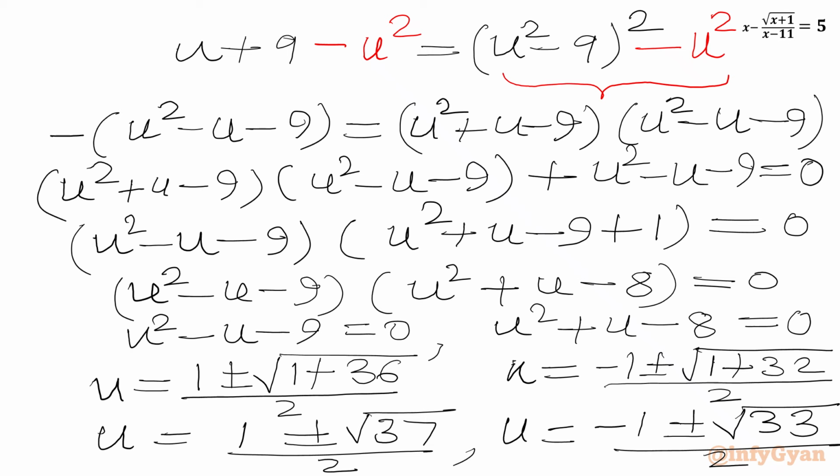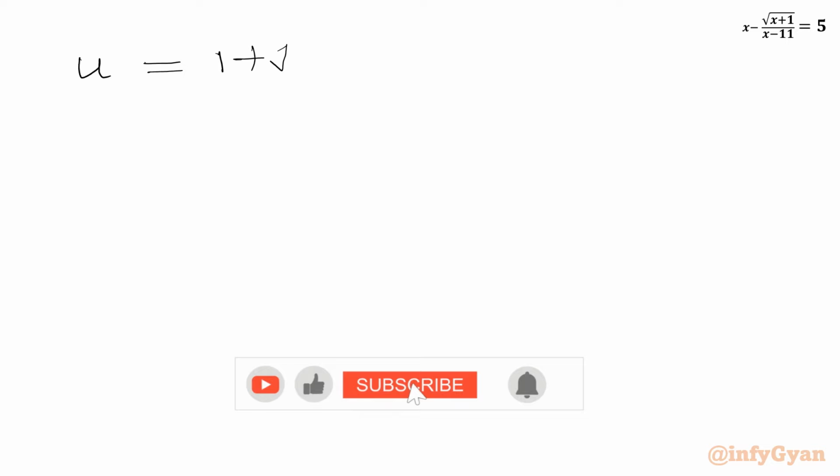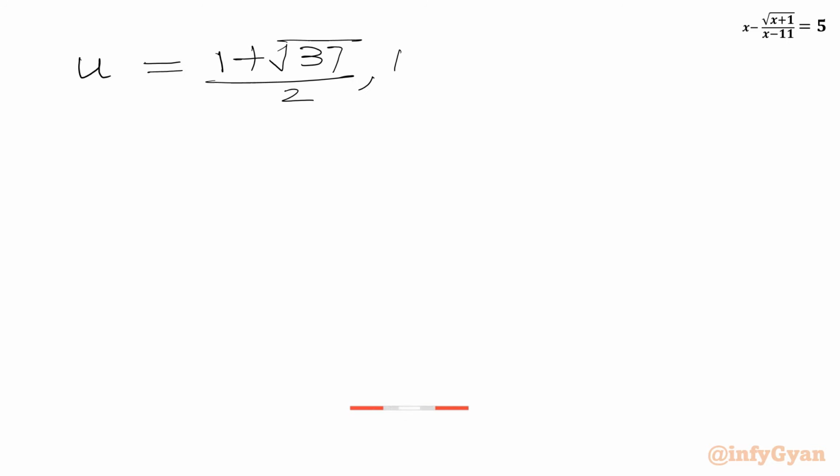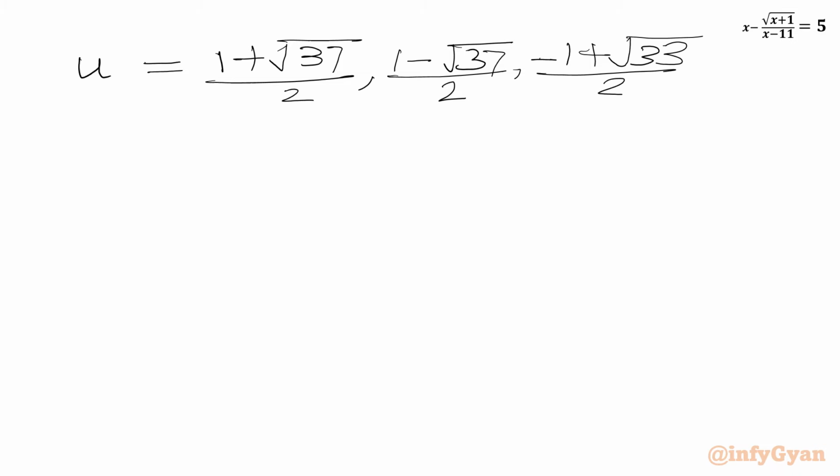Let me write all the four u values here. u equal to (1 + √37)/2, (1 − √37)/2, (−1 + √33)/2, and (−1 − √33)/2.